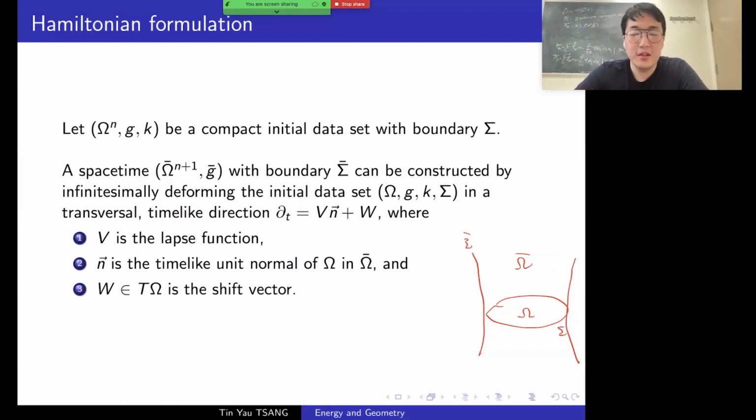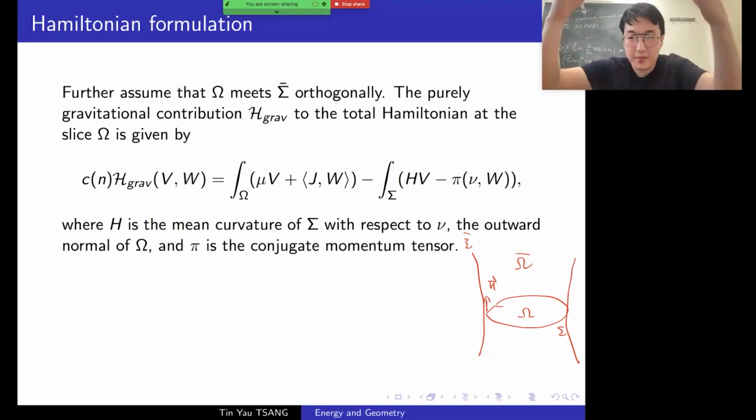Along what direction? V n plus W, where V is the lapse function and W is a shift vector, which is tangential to omega. Altogether we call it partial t because it's like a proper time. And n, just to make sure, means time, not really normal. So we flow along this, then we have a spacetime.